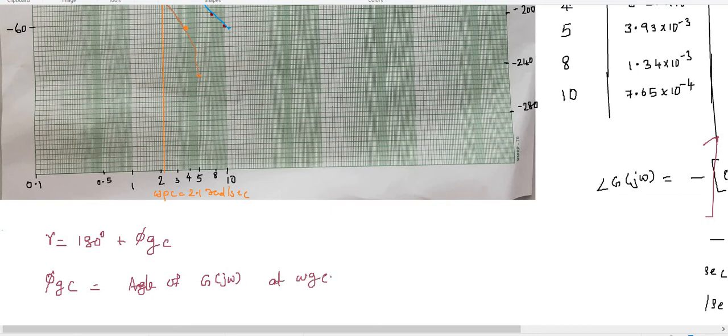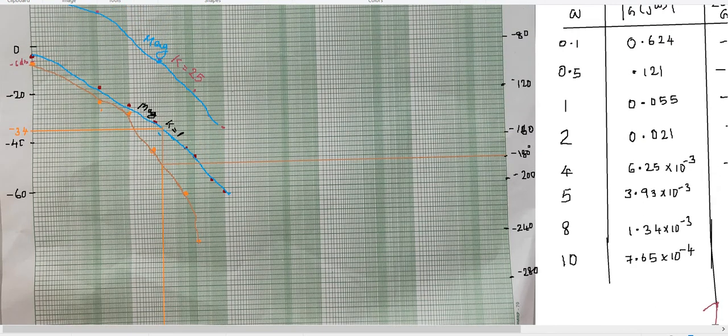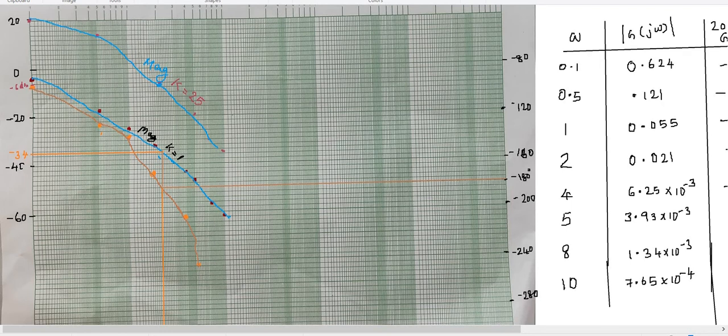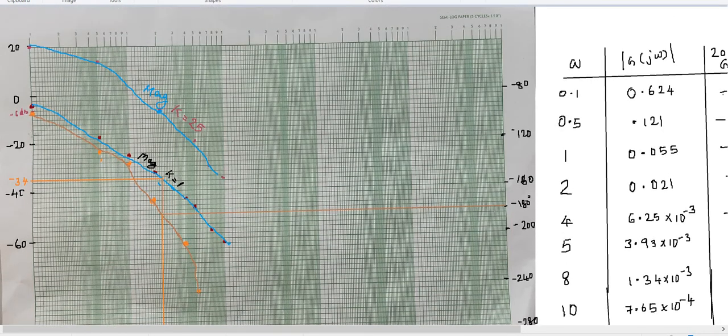The frequency at which the magnitude plot crosses the 0 dB line. So again we have to consider the magnitude plot here. Here we can see that at k equal to 1, the magnitude plot does not cross the 0 dB line.